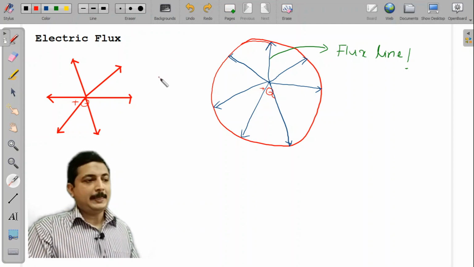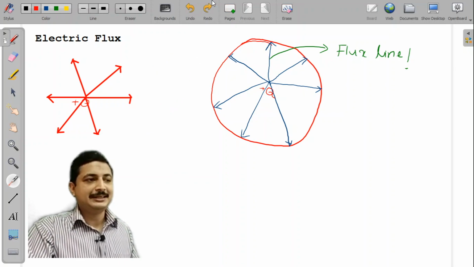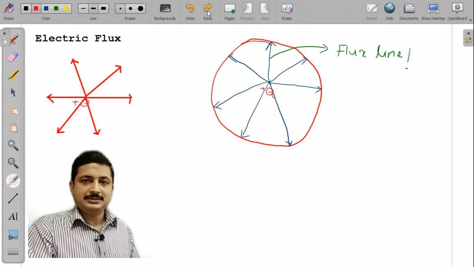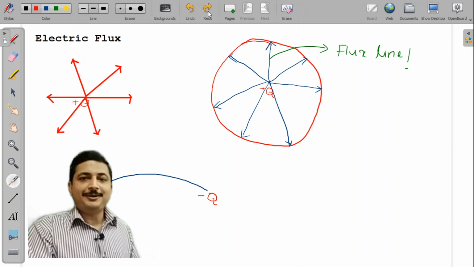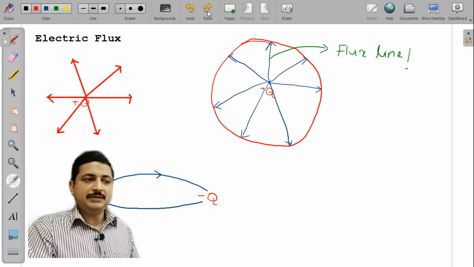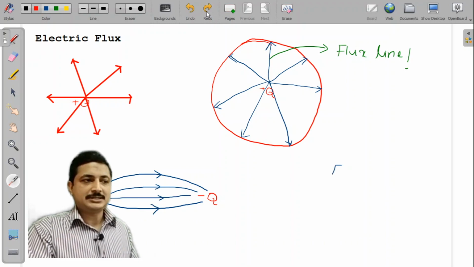So he explained that any flux line will always originate from a plus q charge and terminate on a minus q charge. That means in general, always a flux line will originate from a positive charge and will terminate on a negative charge.